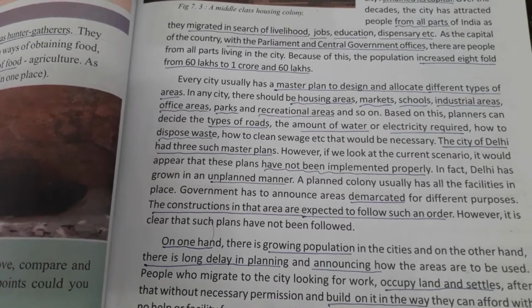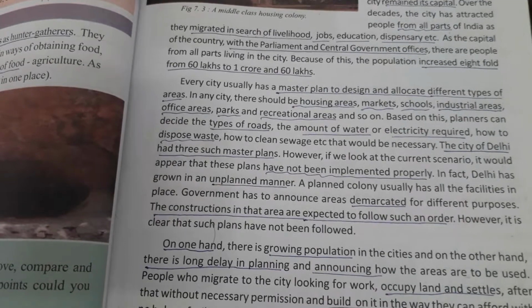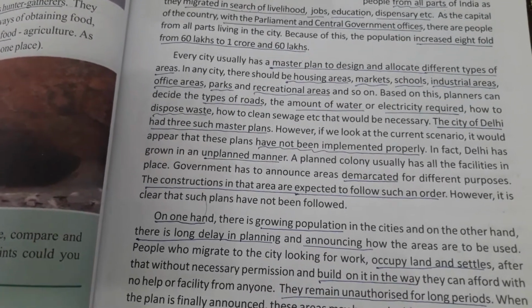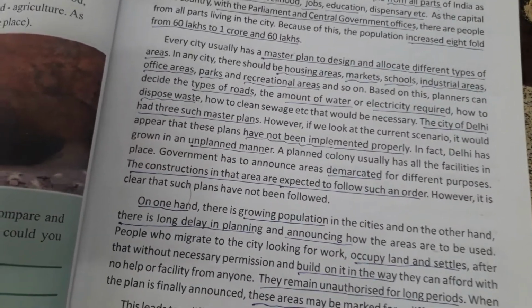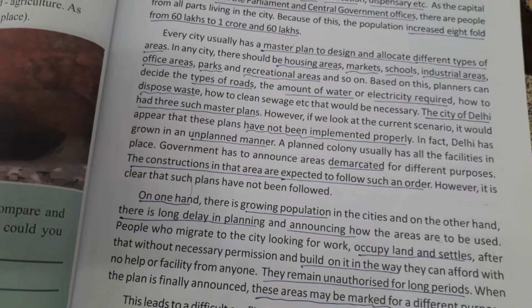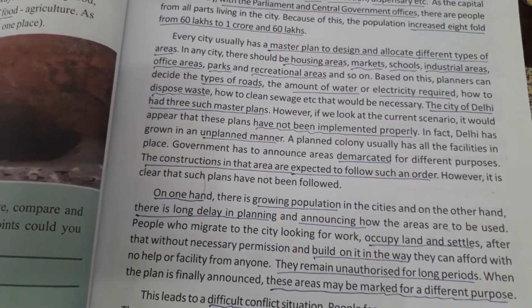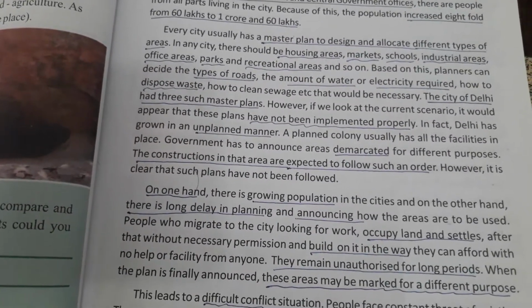After some years, they start to construct buildings according to their plan and effort. Without permission, they will construct the houses. So they remain unauthorized for a long period. Those houses are considered unauthorized.